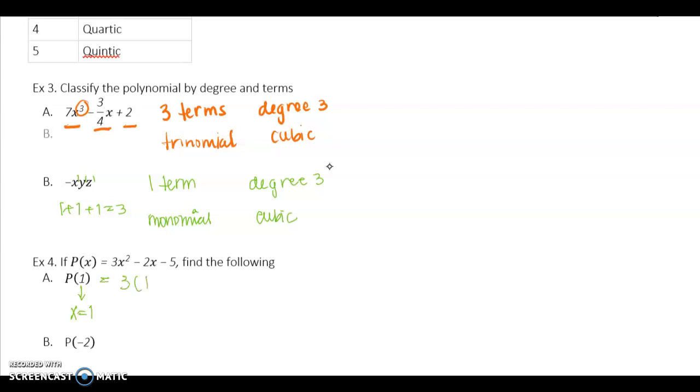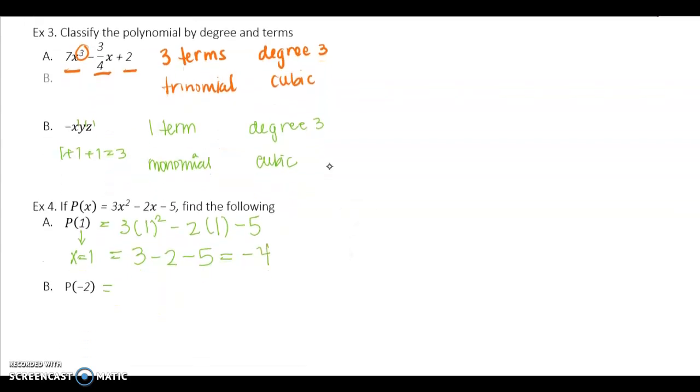So that would be 3 times 1 squared minus 2 times 1 minus 5. And then we're going to go ahead and simplify this. So this is 3 times 1, 3, minus 2, minus 5. So this gives you 1. 1 minus 5 is negative 4.